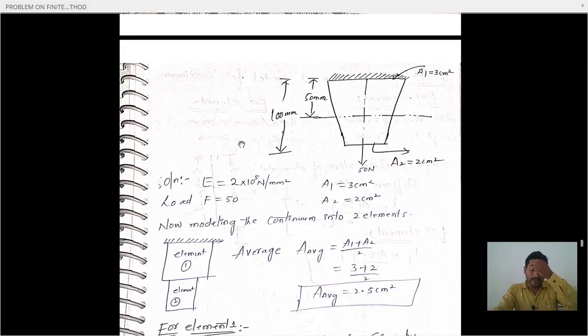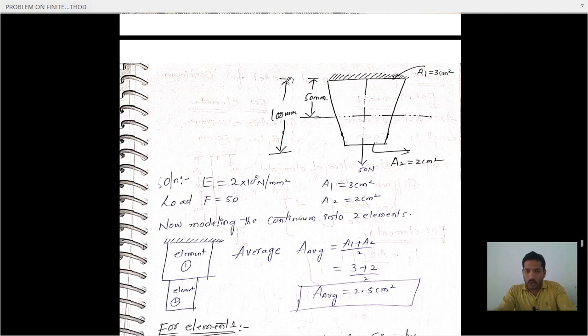Let us see this figure. This is the larger end, with area given as 3 centimeter square, and the smaller end of the taper bar has area 2 centimeter square.